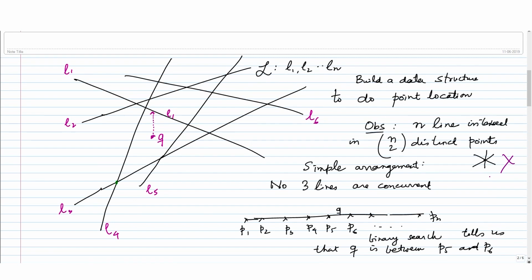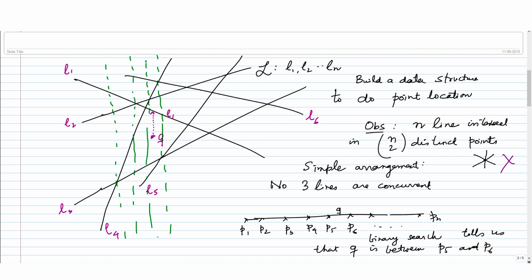So, there are n choose 2 distinct points, and I am going to draw vertical lines through each of these intersection points. Let me not draw all of them because it will just clutter up.